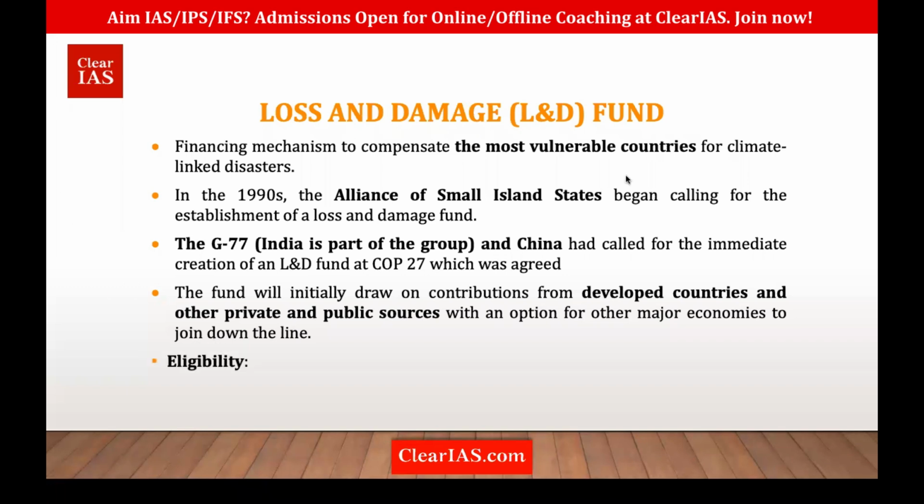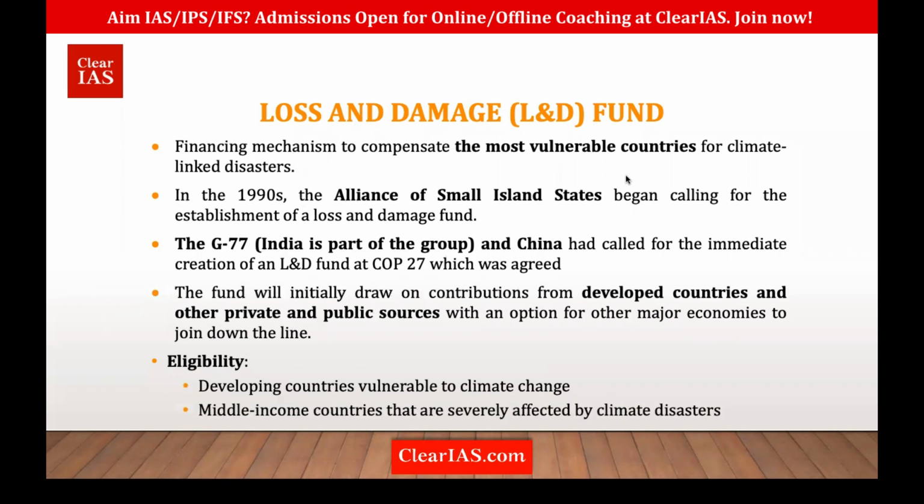And who is eligible for this fund? Who can get this fund? Obviously, it is the most vulnerable countries, especially developing countries vulnerable to climate change, and also the middle income countries that are facing extreme climate disasters. The frequency of cyclones is increasing in India, so India would be eligible for this loss and damage fund.